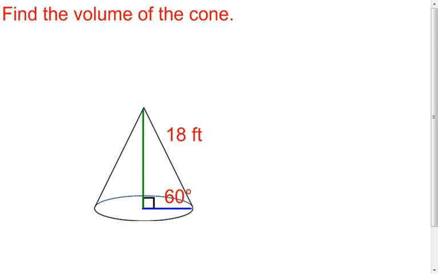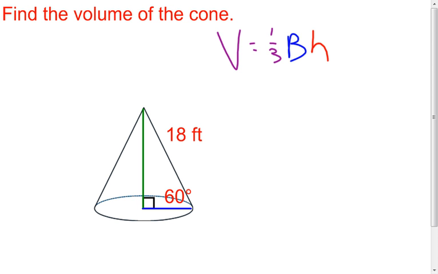Now we can use that in a problem like this where I want to find the volume of the cone. I'm going to write down my formula. So volume equals 1/3 area of the base times the height. Now I think about calculating the area of the base, which is a circle, and I'm going to need to know the radius.